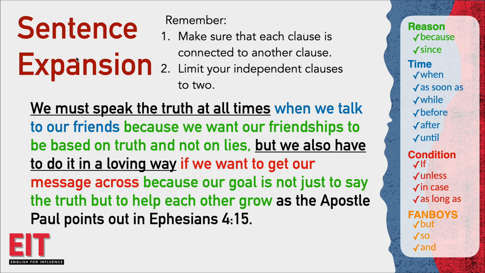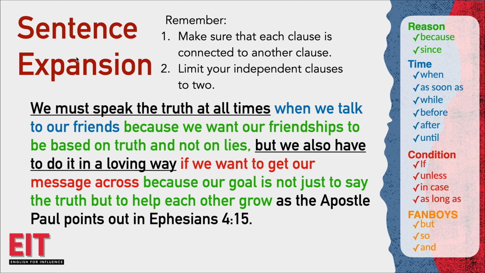We have "we must speak the truth at all times" and "but we also have to do it in a loving way." So if you try to isolate them like what we did before, remove all the dependent clauses, they will still make perfect sense. We must speak the truth at all times, but we have to do it in a loving way.